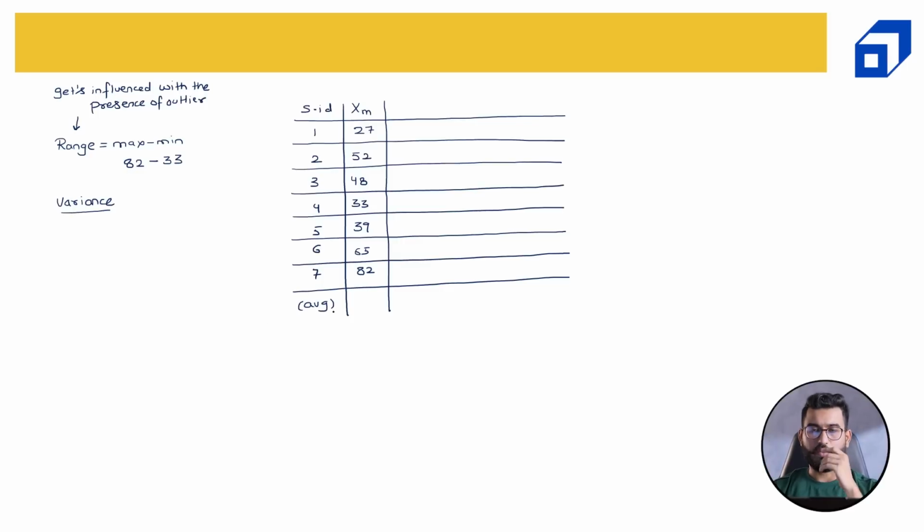And if you guys want, you can pause this video and quickly calculate the average, because we have already learned about it. So just take the sum of all the observations divided by 7, because 7 is the total number of students in the class, and that would give you the average. So the average of these marks for the students comes out to be 49.42.